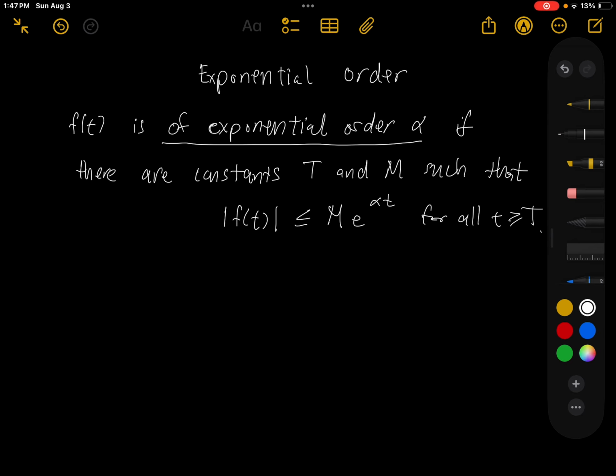And there's a lot in this definition to understand. It takes a while to understand what this is even saying.